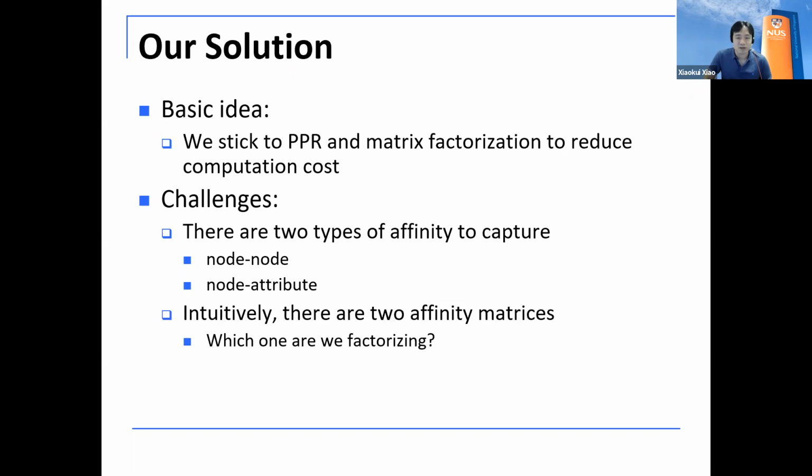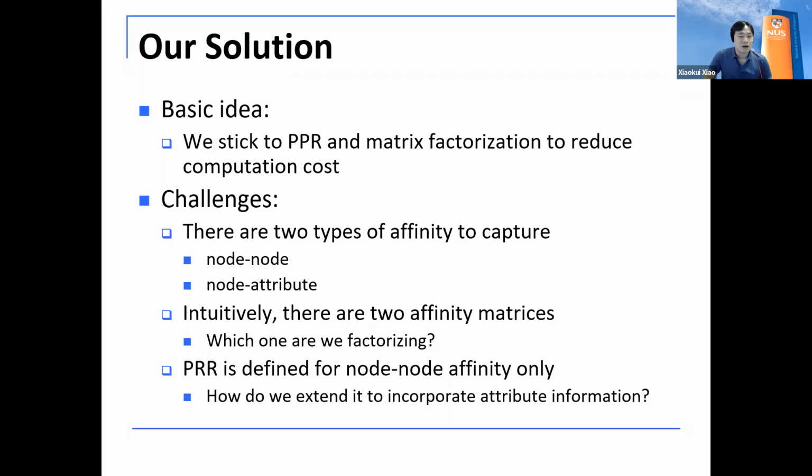So which one should we be factorizing? Furthermore, if you think about the definition of PPR, or personalized PageRank, you can see that it's really just defined for the affinity between nodes. So how can we actually extend it to incorporate attribute information in the graph?